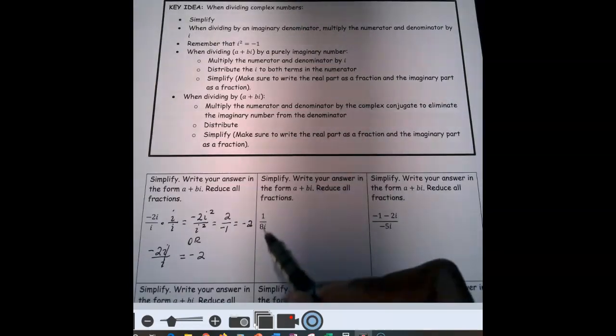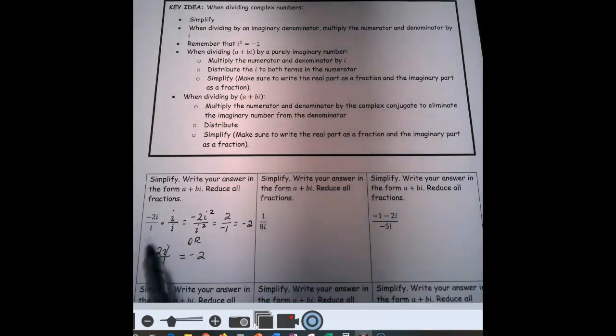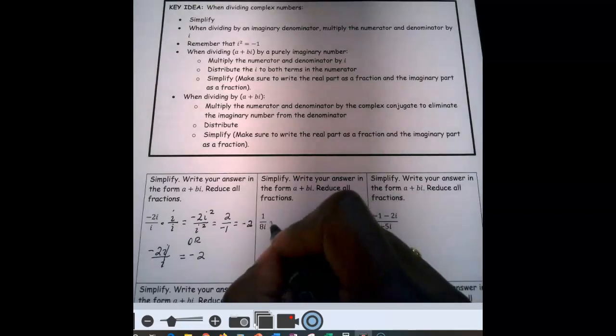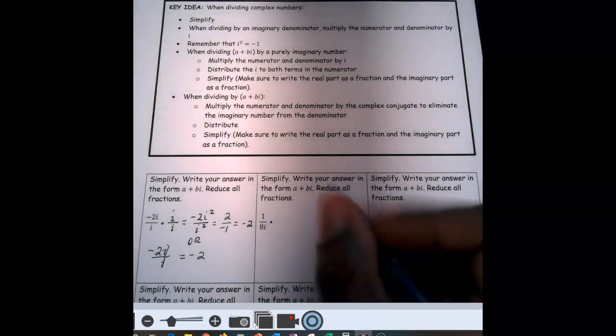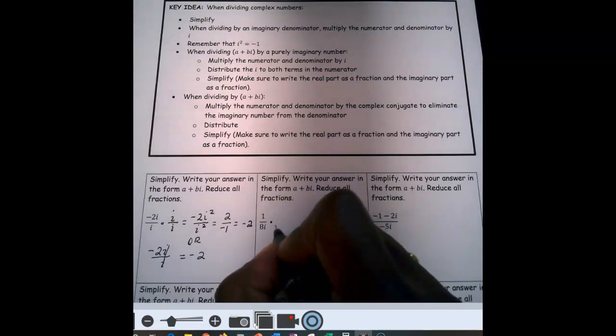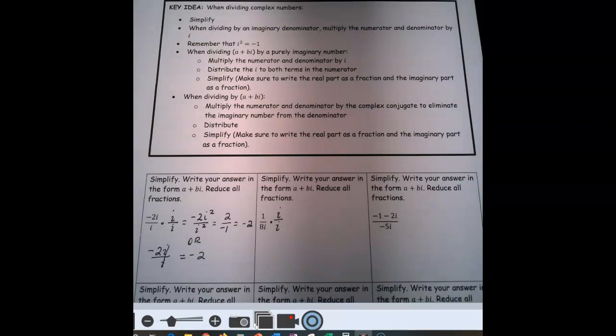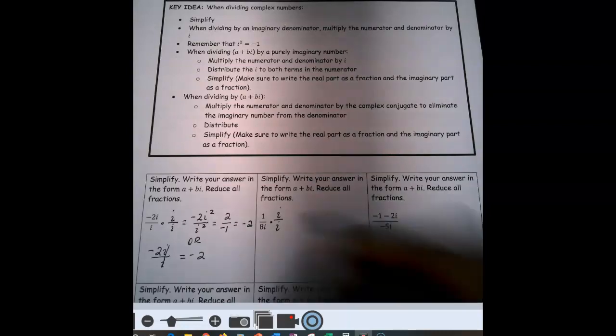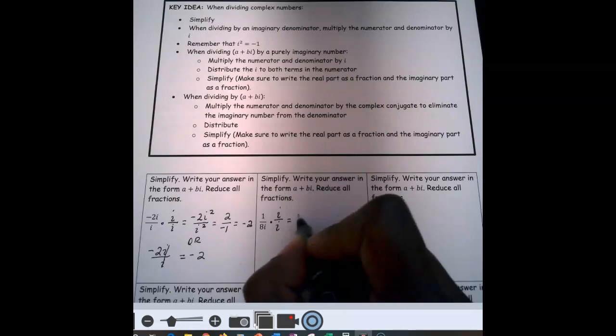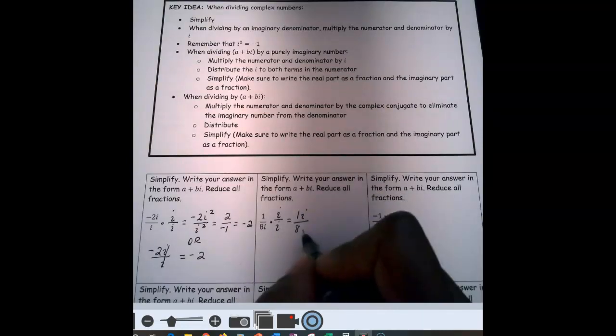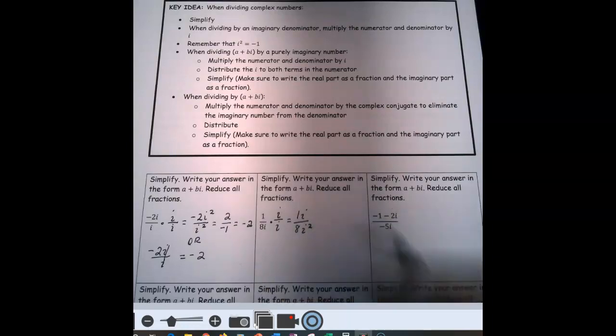Now this time, I don't just have i, and I don't have an i in the numerator. So in this case, we are going to multiply by i in the numerator and the denominator. And that gives me 1i divided by 8i squared.